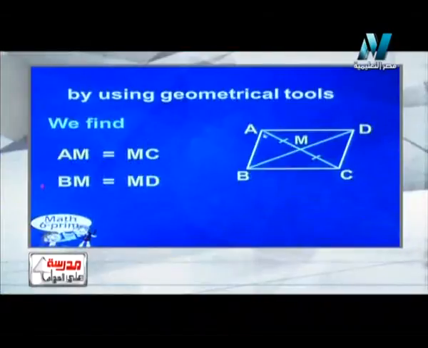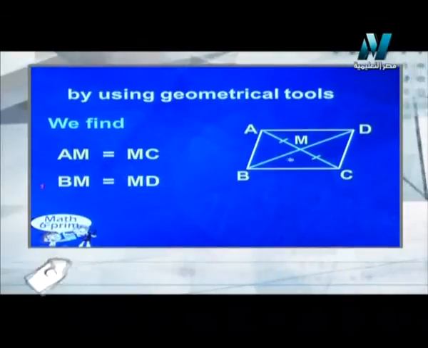What does it mean? The two diagonals of a parallelogram bisect each other. Each diagonal divides the other one into two equal parts in length. As you see, we have two diagonals, AC, the first one, and BD, the second diagonal.